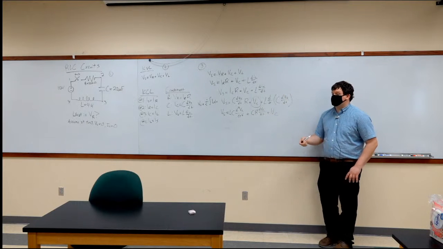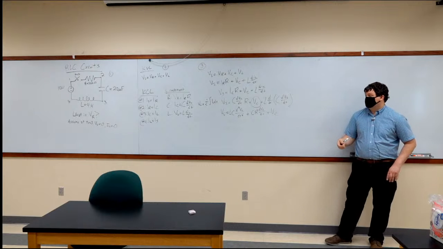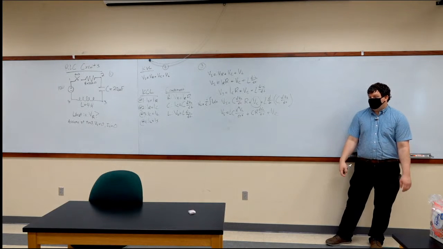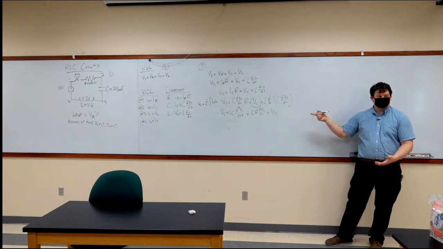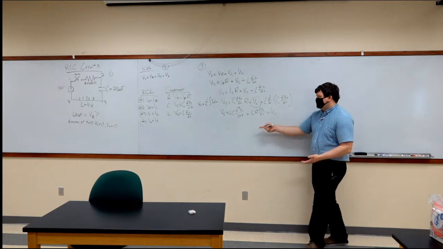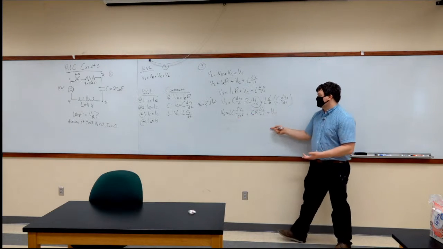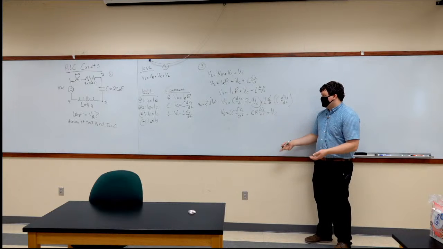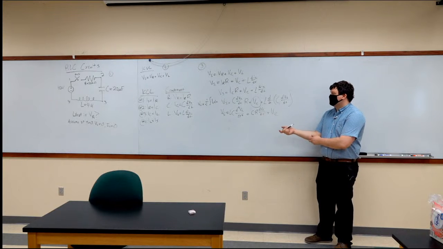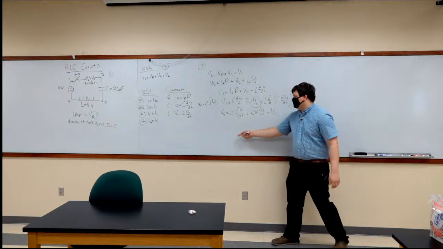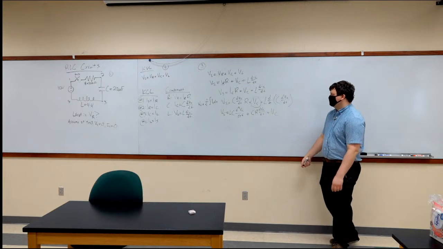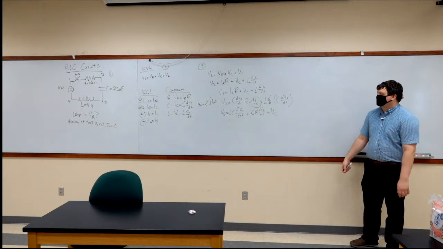We could have also solved for IL if you really wanted to. We would have gotten a very similar function, and we would have been able to keep Vs. You'd have ended up with something like Vs over R.